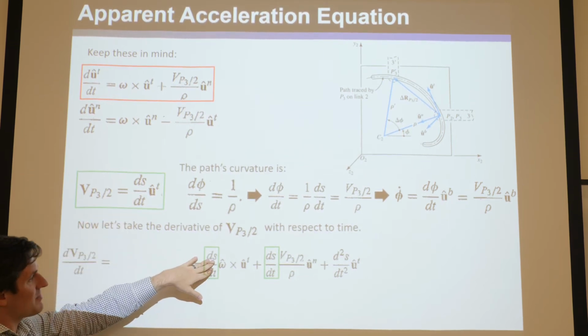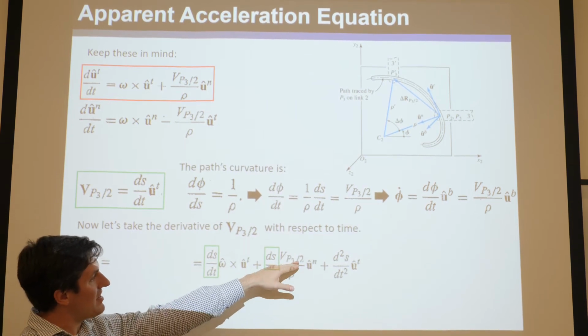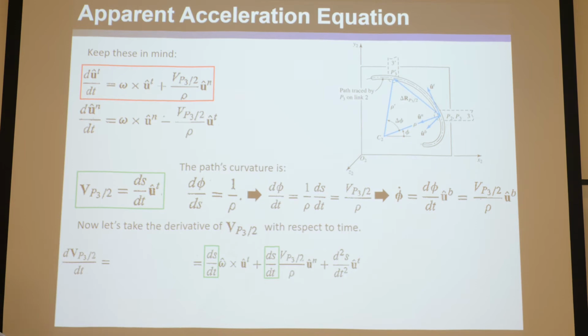Let's move on to the next thing. Notice ds/dt is right here, and it's basically s dot, the same thing as the speed vp3/2, right? ds/dt is the speed of p3 with respect to 2.